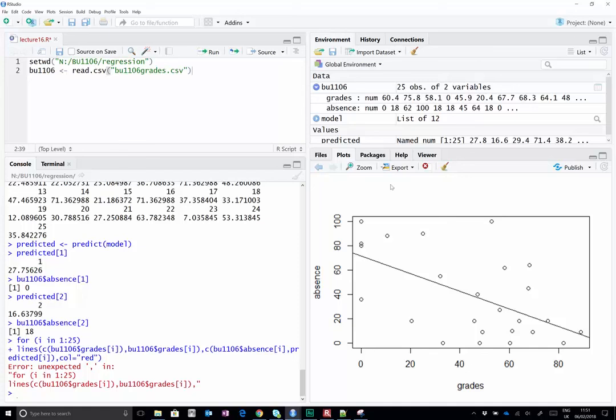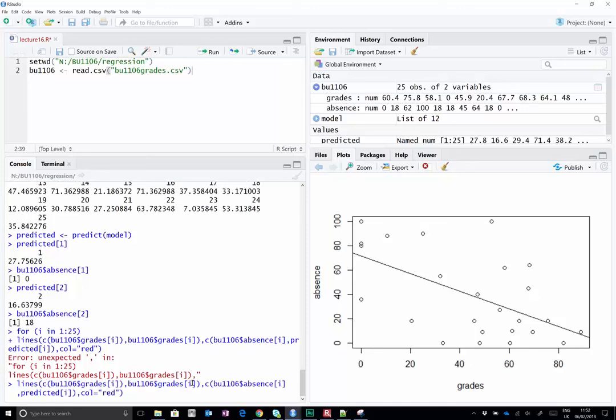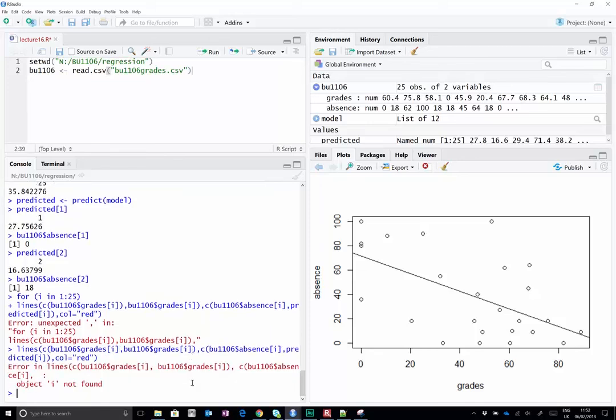Unexpected comma, okay, lines. Yeah. I opened, I closed the brackets here. Okay. Let's put the whole thing at the top. Then it's easier to check.